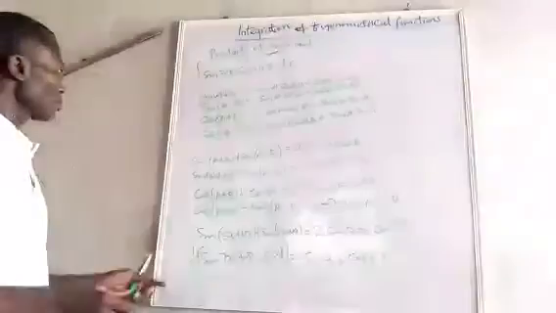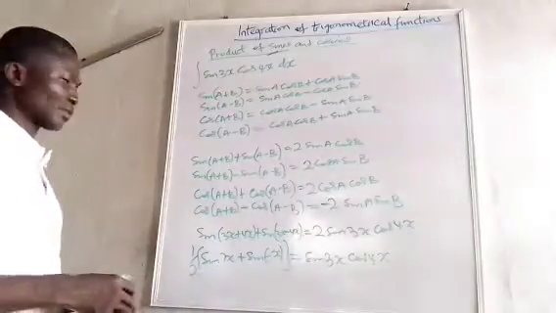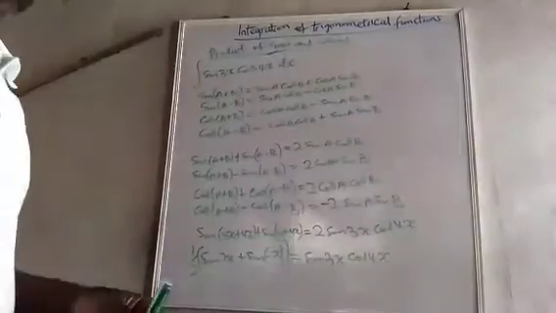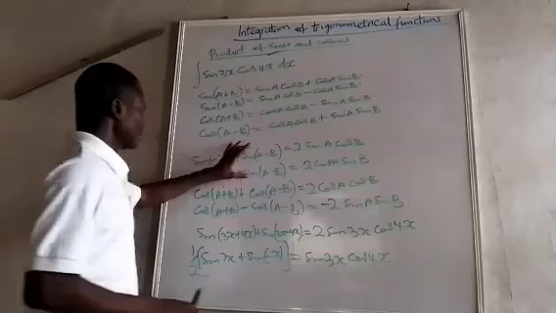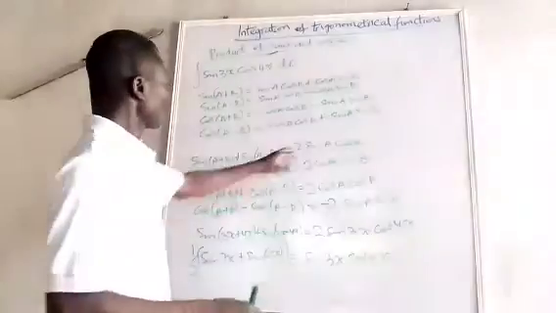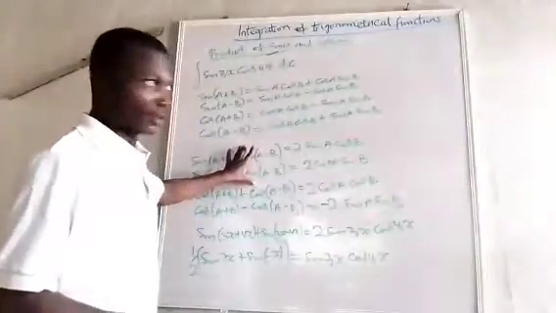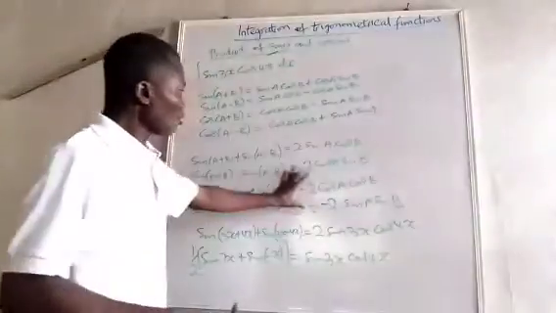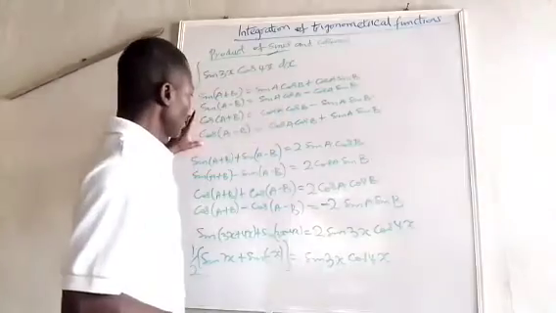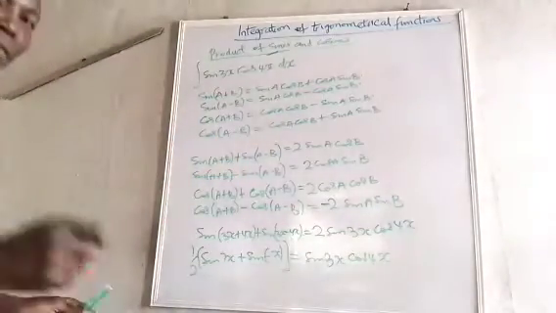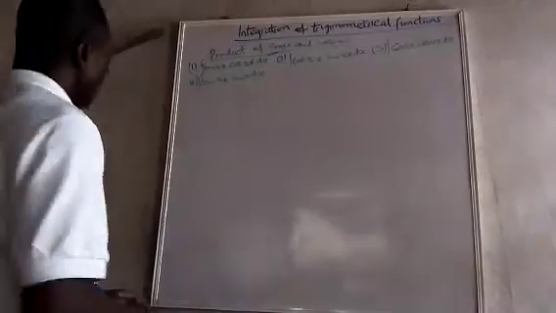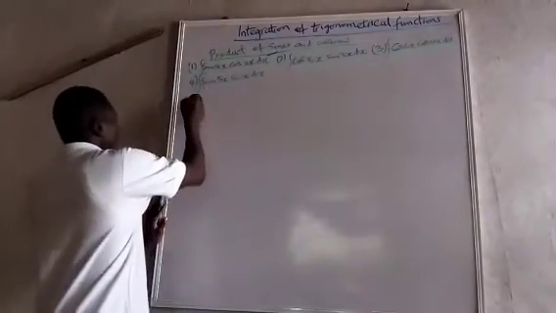Now, let's do some examples. To have a mixture of sine and cosine, you know that we work with the sum of these two sides. For cos, we have these two. Now, let's do this one.